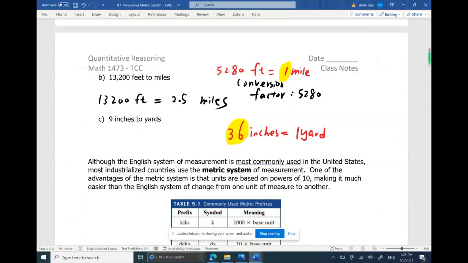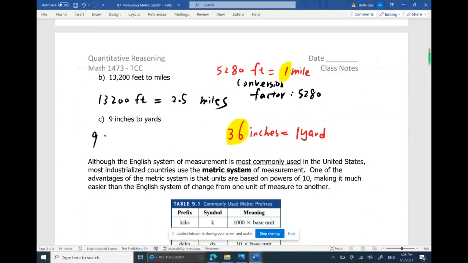All right, so we go from inch to yard. Yard is bigger, so the number in front of yard is going to be smaller. In order to get a smaller number, we want to divide 9 by 36.